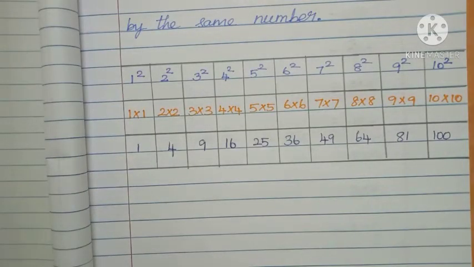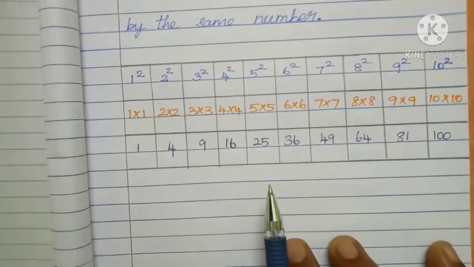So this tabular column helps to learn square numbers. This helps to do the sums for exercise number 2.1, 2.2 fully.